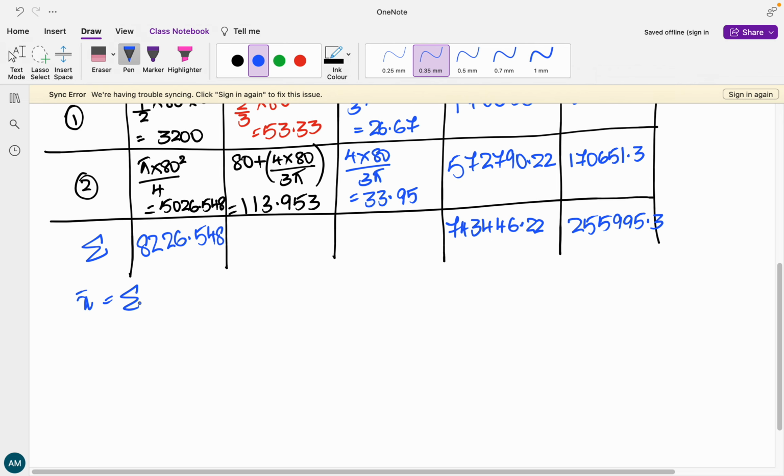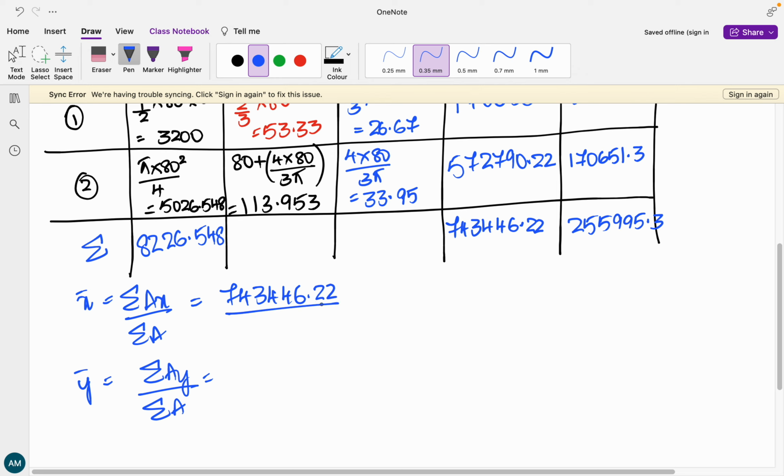X bar is equal to summation A into x divided by summation A. Similarly, Y bar is equal to summation A into y divided by summation A. So this is 743446.22 divided by 8226.548, and the other one is 255995.3 divided by 8226.548.